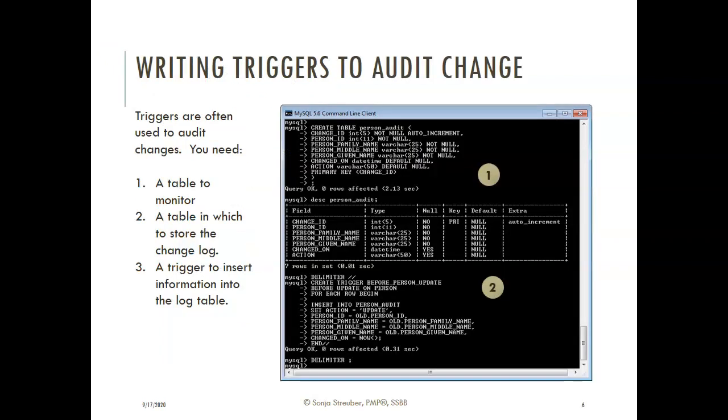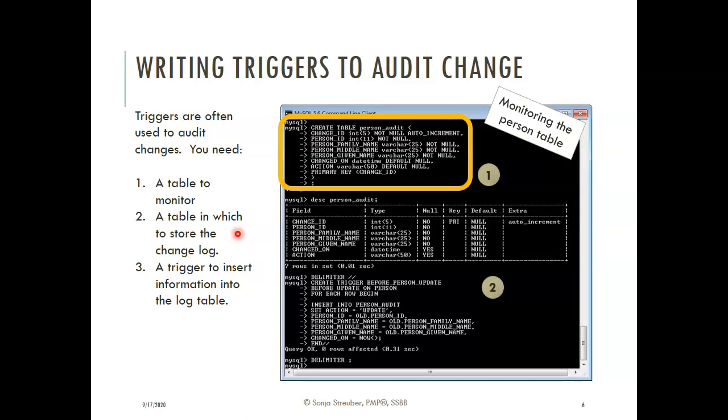Triggers are often used to audit changes. In order to do that, we need 3 things. Number 1, the table to monitor. For us, that's going to be the person table in the movie stream database. Secondly, we need a table in which to store the log of the changes to that table that we're monitoring. For us, that is going to be a new table that we're creating called Person Audit.